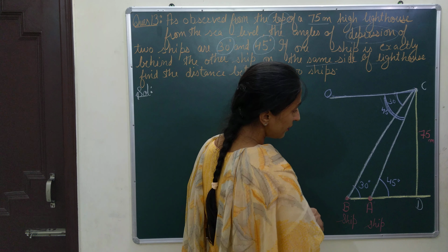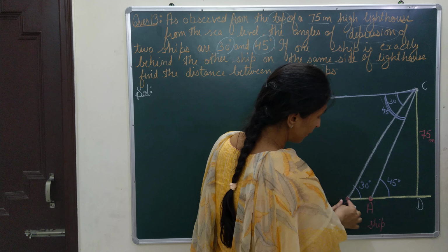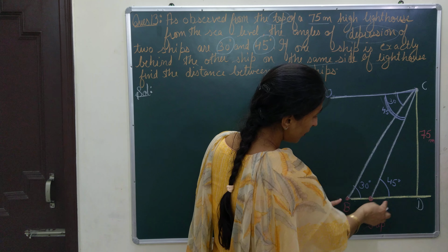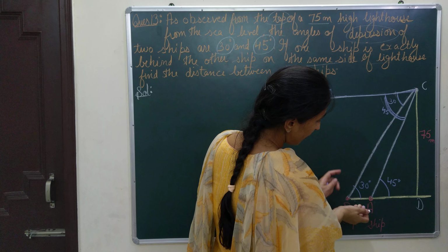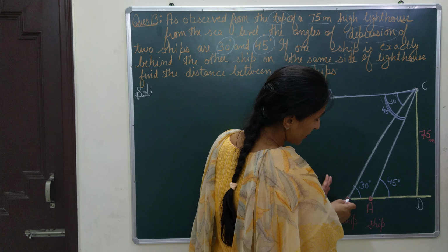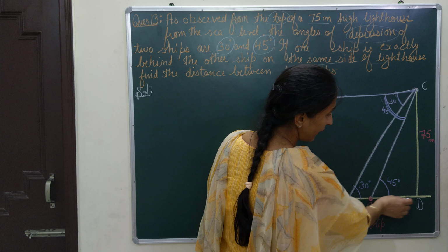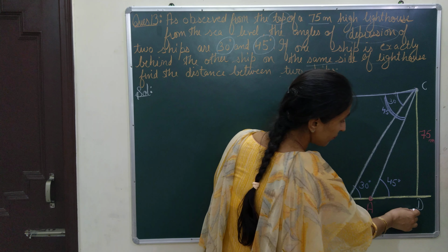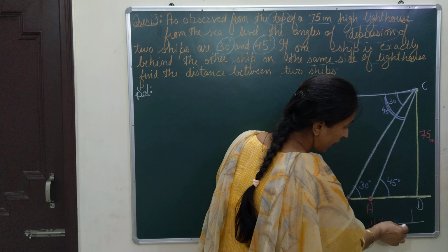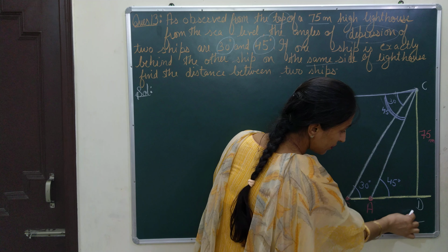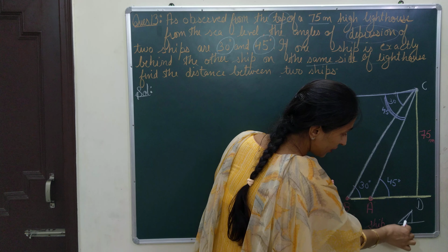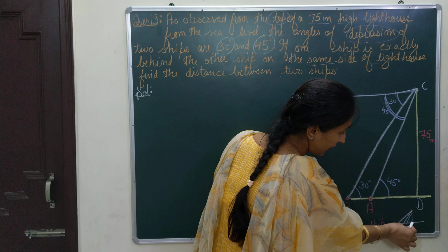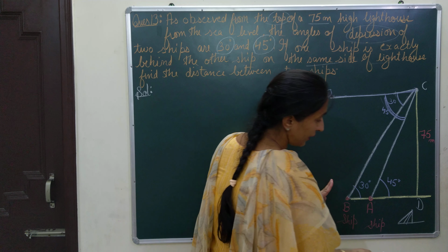Moreover, you can check whether you have written both the angles correctly or not. When a person moves forward toward the lighthouse, the angle will increase. Whenever a vertical line is there and you move toward that line, if the angle here is 60, you keep moving, 70, 80, and when you reach here, it will be 90.